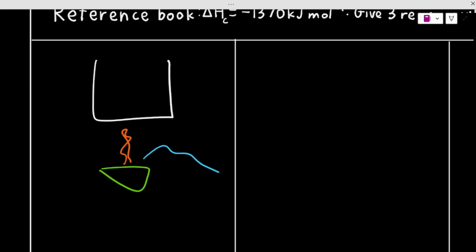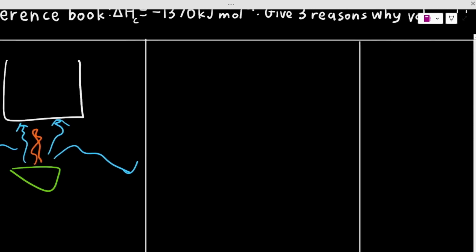Some of it is going to be lost to the surroundings, while some, yes, will heat the water. So that's the main reason as to why the enthalpy change calculated was much lower.